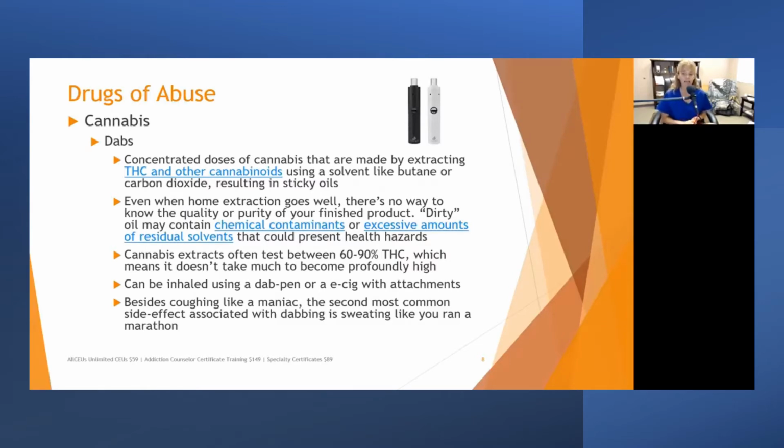Besides coughing like a maniac, the second most common side effect associated with dabbing is sweating like you ran a marathon. So if you have a break and clients go out and have a smoke break, if you allow smoking in your facility, and they come back and one person starts just sweating profusely, that's what we call a clue.